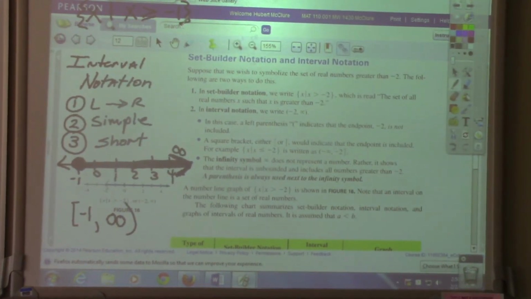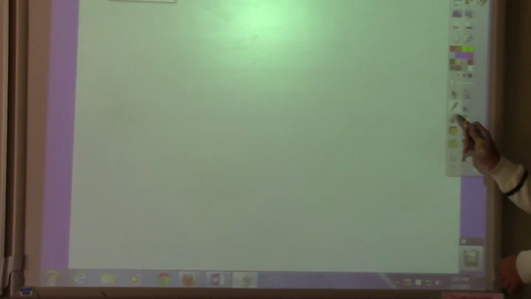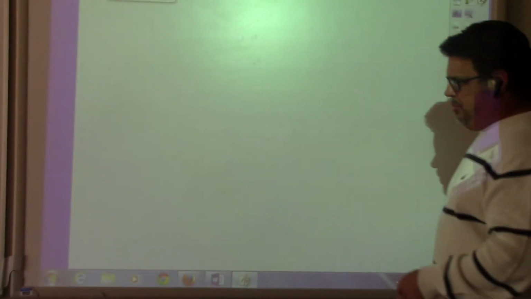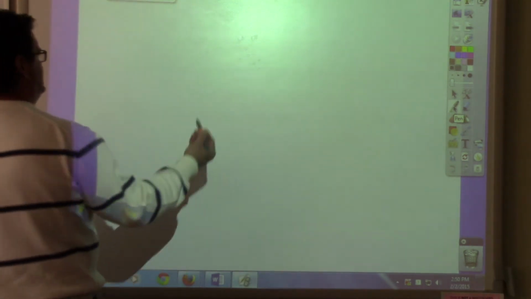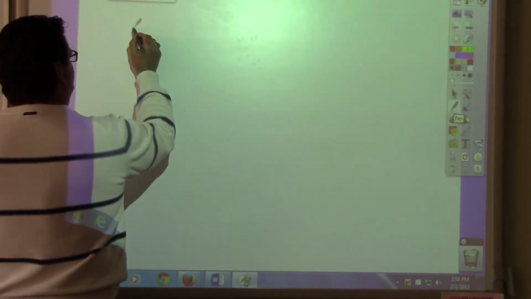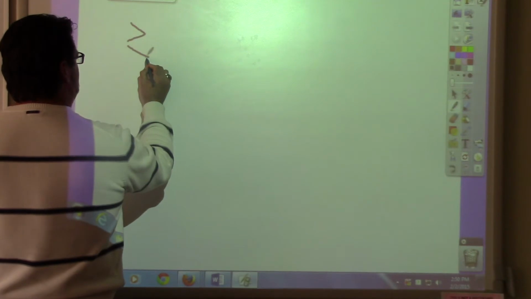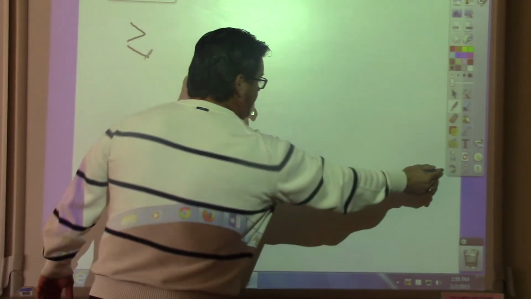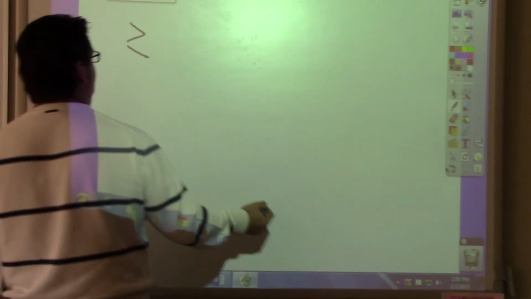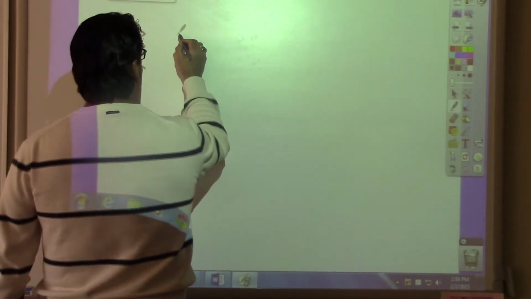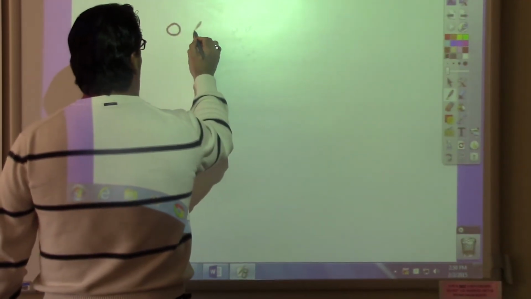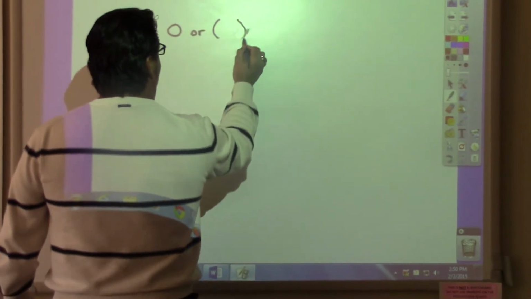All right. Just some things you might want to remember about set builder notation. This is what you should have remembered when you first started set builder notation and writing sets and functions: when you have these two symbols, you're dealing with an open circle, or what?